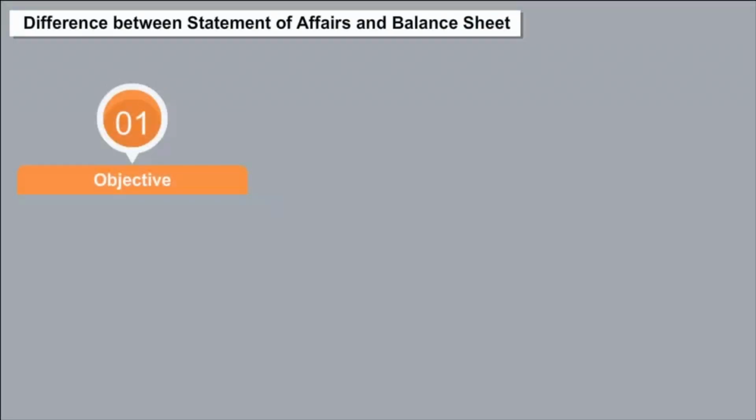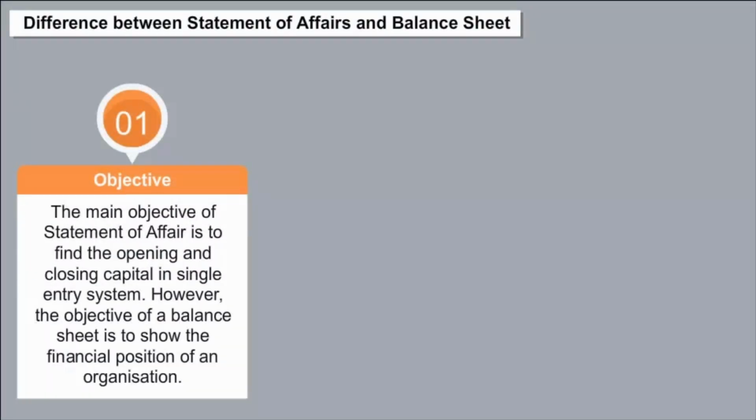Difference between statement of affairs and balance sheet. 1. Objective. The main objective of a statement of affairs is to find the opening and closing capital in single entry system. However, the objective of a balance sheet is to show the financial position of an organization. 2. Omission.